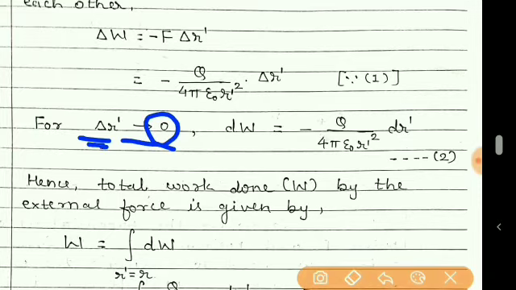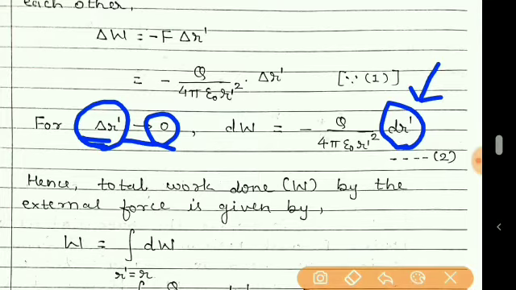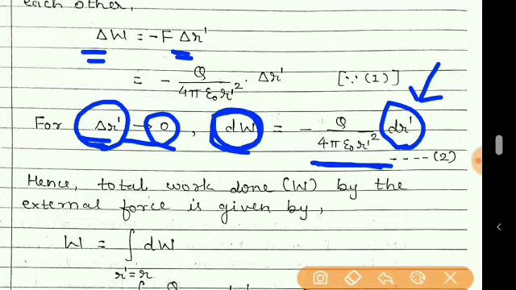So when the displacement is very small, we can write this as dr, a differential. And if the displacement is dr, that is very small, then the work done is also very small. So in place of delta, the next step is to put d. So dW is equal to minus q upon 4 pi epsilon naught r dash square into dr dash. So this is our equation number 2.